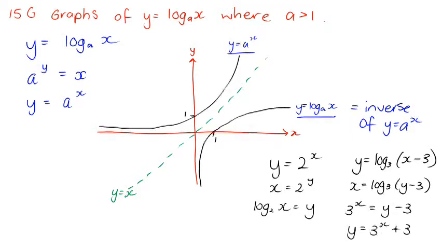Okay. The way that we graph log functions, for example, if we have y equals log base 2 of x minus 2, there's only 3 things that you need to find: the x-intercept, the y-intercept, and the asymptote. Now, the x-intercept is easy. You make y equals 0, same as always.